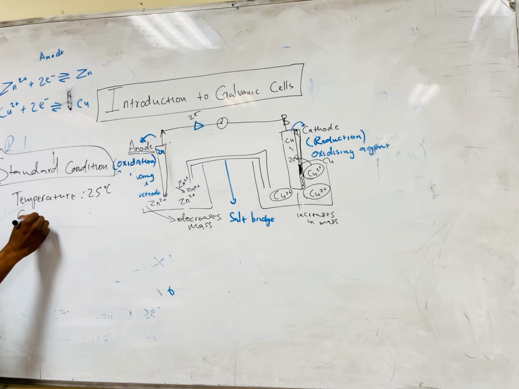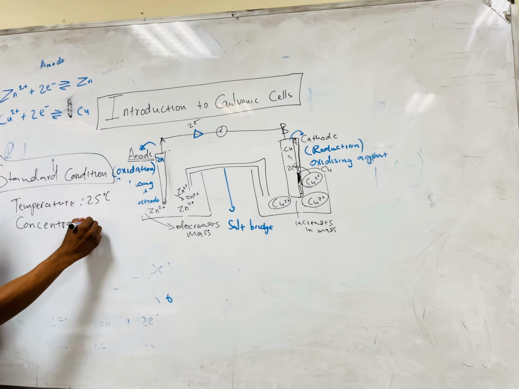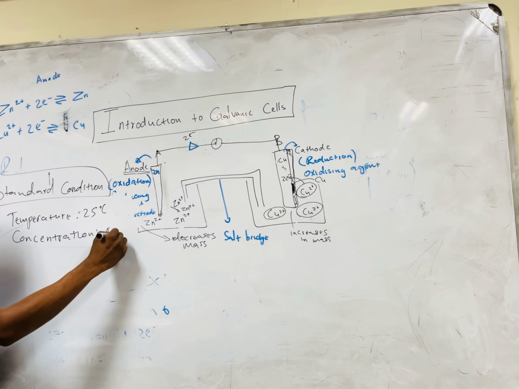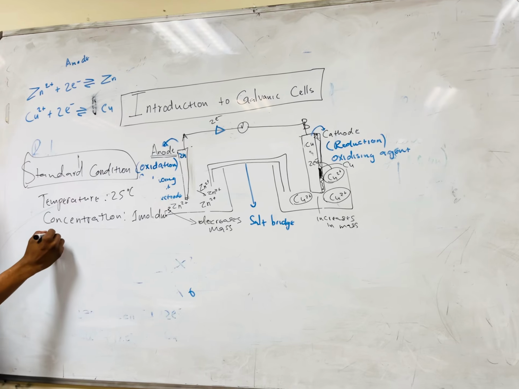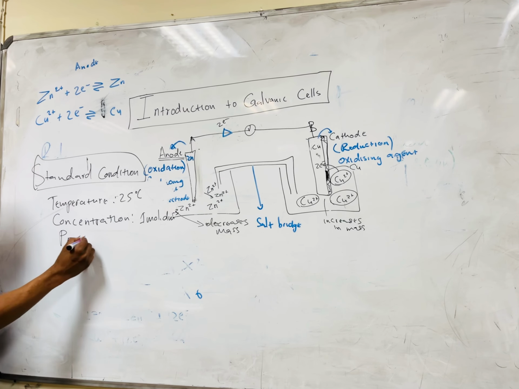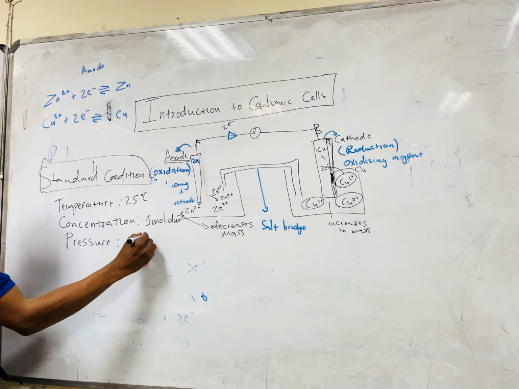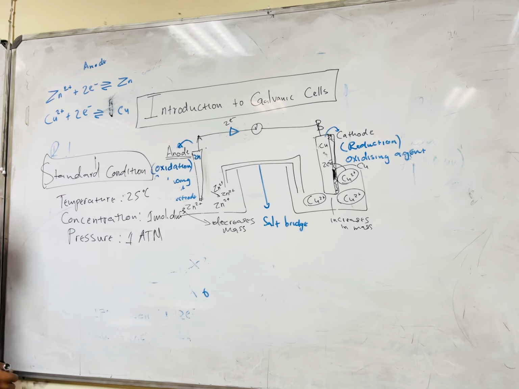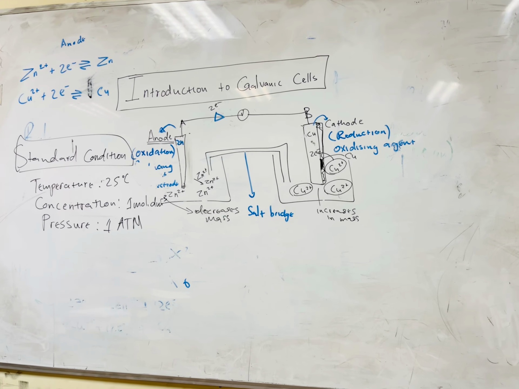The concentration must always be equal to 1 mol per decimeter cubed. The pressure must always be equal to 1 atm. These are the standard conditions for the galvanic cell.